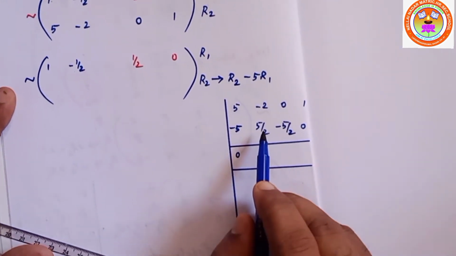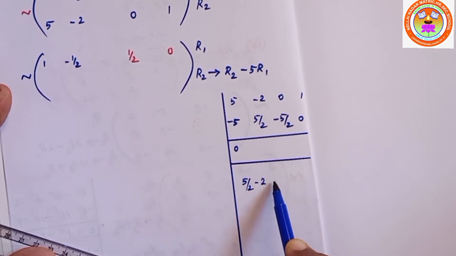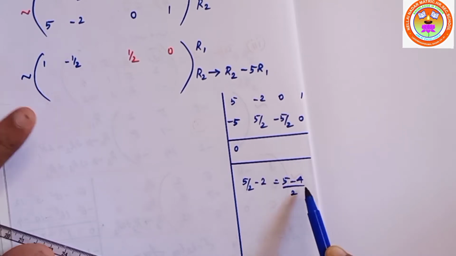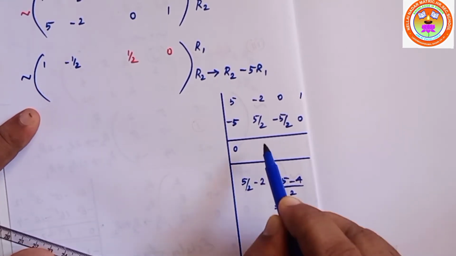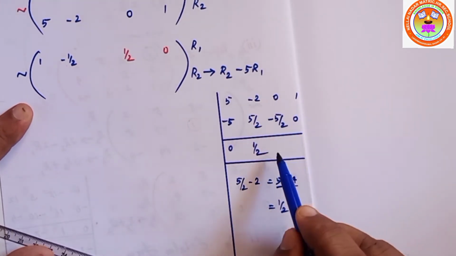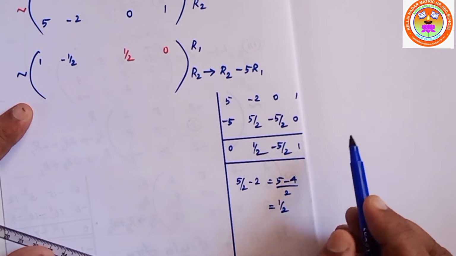5 by 2 minus 2, okay, that is equal to 5, 2 2s are 4 by 2, that is equal to 1 by 2, write 1 by 2 here. Next 0 minus 5 by 2 that is equal to minus 5 by 2, 1 plus 0 that is equal to 1.